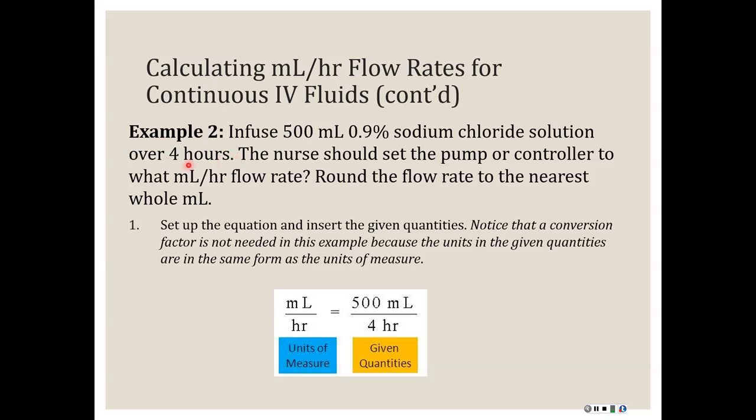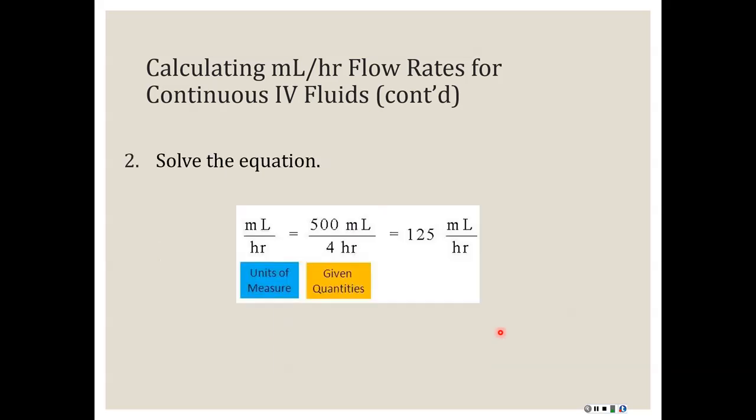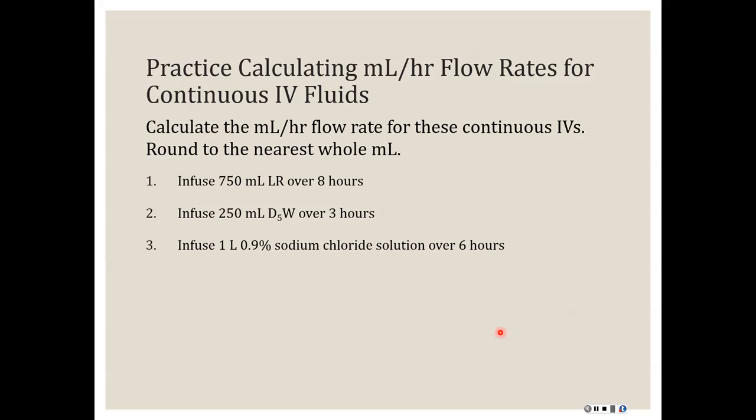So even though this is a little bit longer of a sentence, it has to stay together. That 500 and that 4 hours has to stay together because that's what your provider is telling you to do. So I can do 500 over 4 hours. And in this example, we don't need to add another conversion step. And so we would be able to do the math, and we're given 125 milliliters per hour.